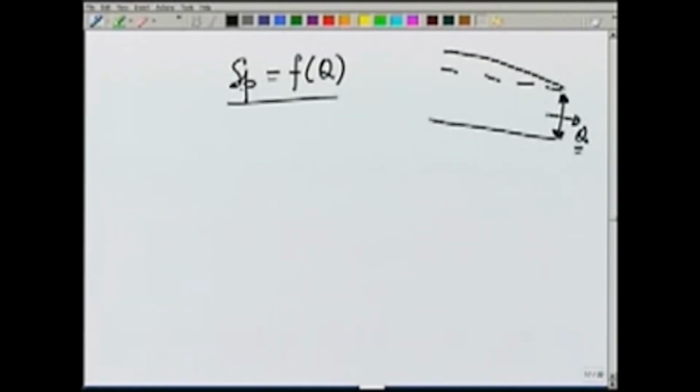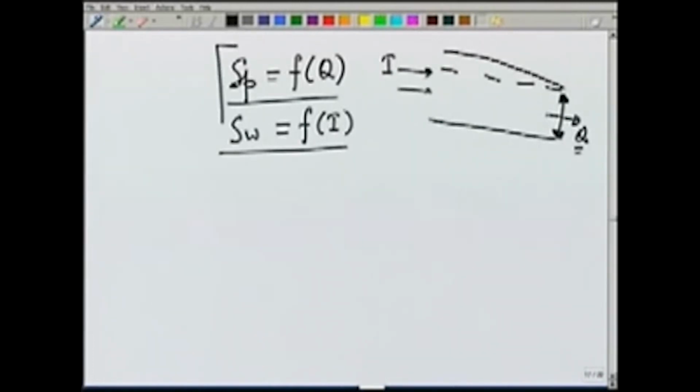Therefore, the prism storage will be a function of Q. The wedge storage S W is typically a function of the inflow. So, the total storage S can be written normally for channel routing.